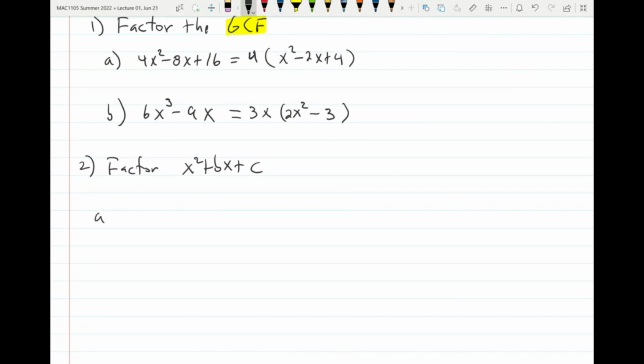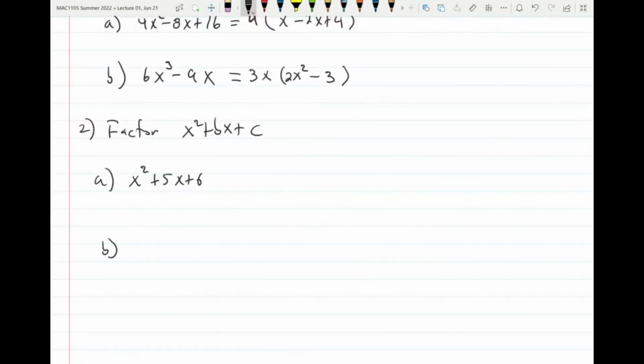So for example, let's say x squared plus 5x plus 6. Let's do x squared minus ax plus 12. Okay, so remember, to factor something like this, the idea is that you want to write this as a product of two quantities.